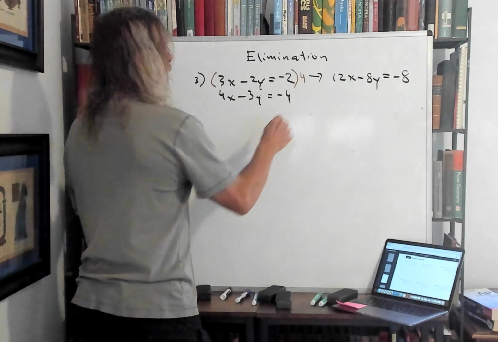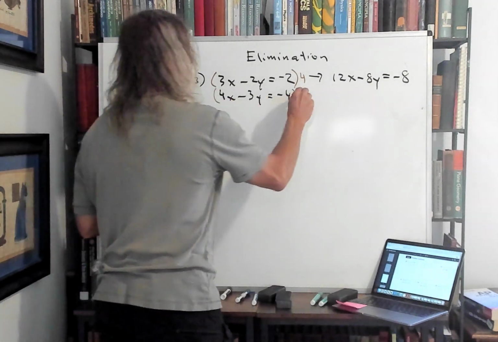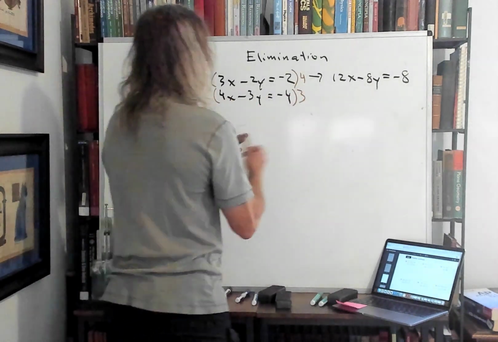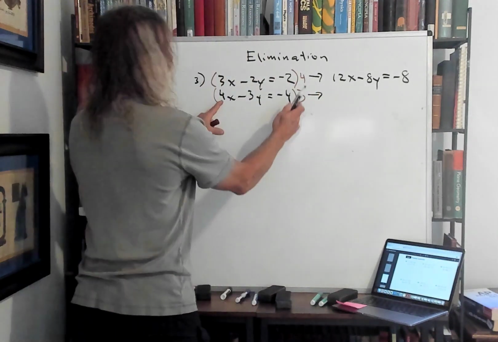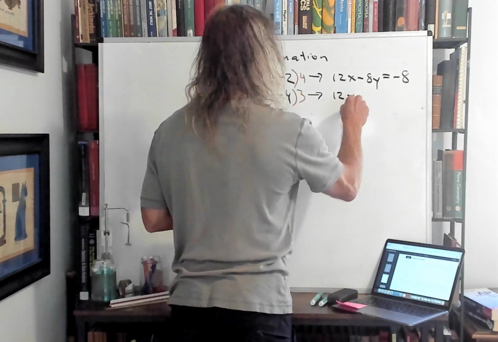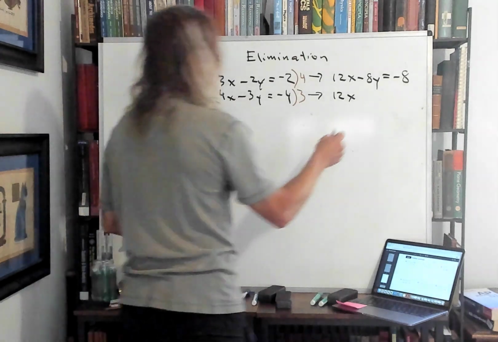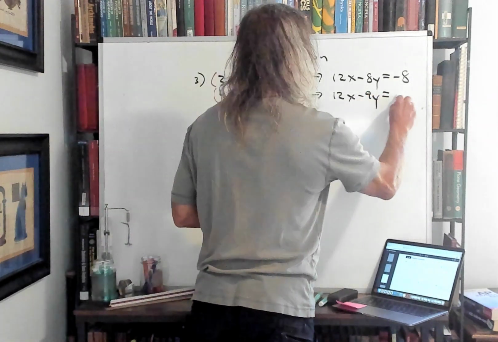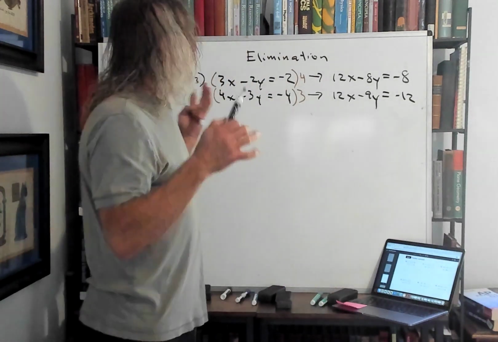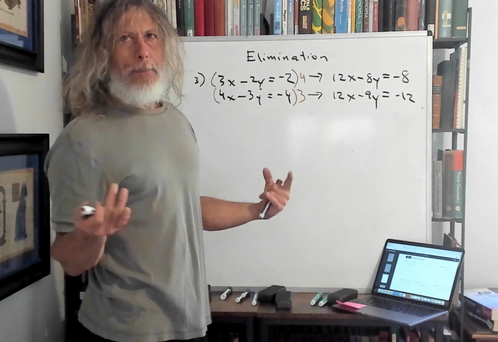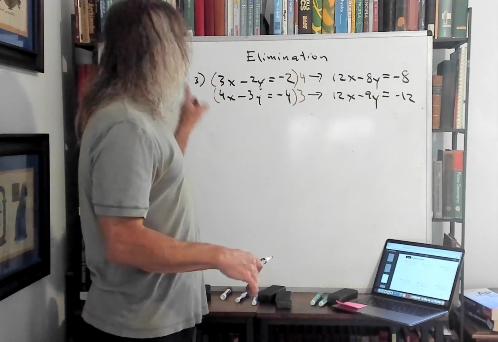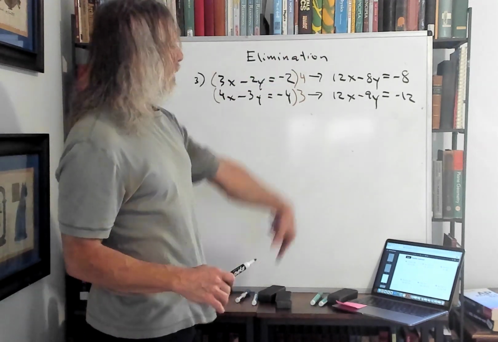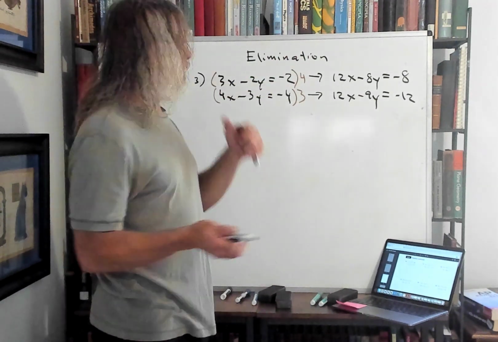And here we multiply by 3. So we got 12x minus 9y equals negative 12. But, whoa, we forgot to make them opposite. They're both 12, but we can't just add these and make them 0.